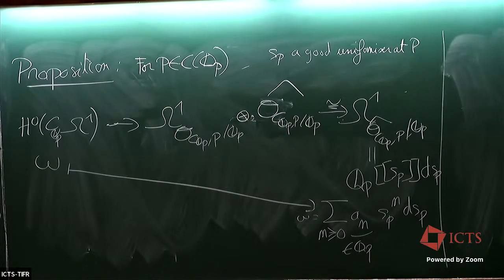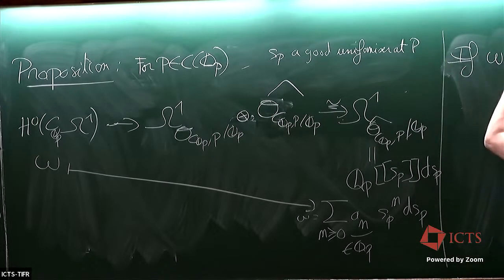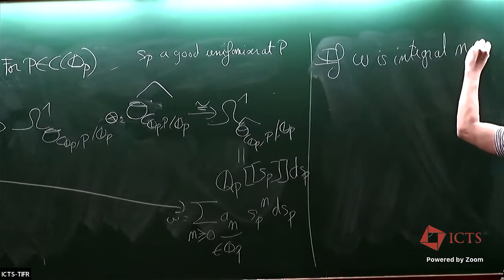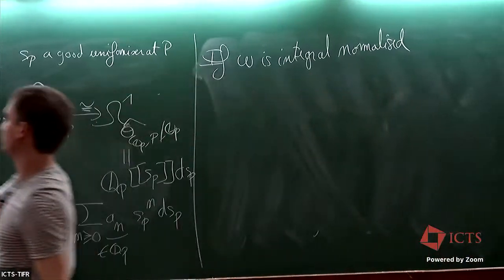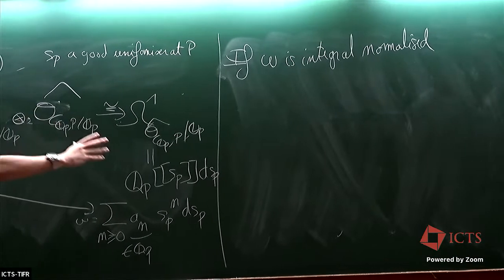And if you've followed what I've done earlier and yesterday, all this fits nicely even with an integral structure. In other words, if omega is integral normalized, so it's not only a form here, but makes sense over the integral model, it means that all this can be extended to the integral situation.